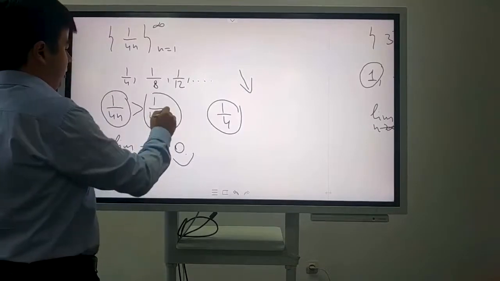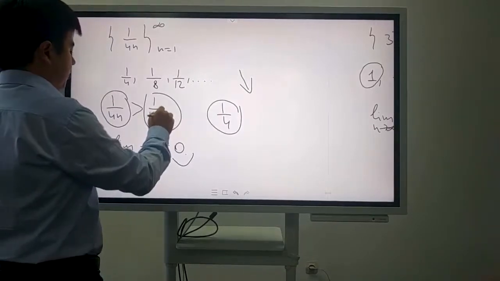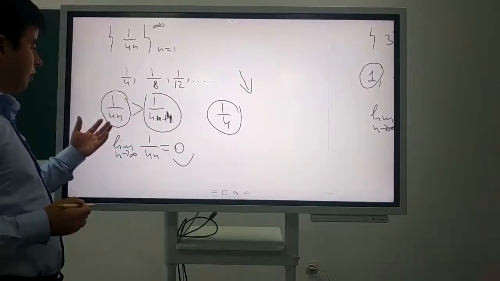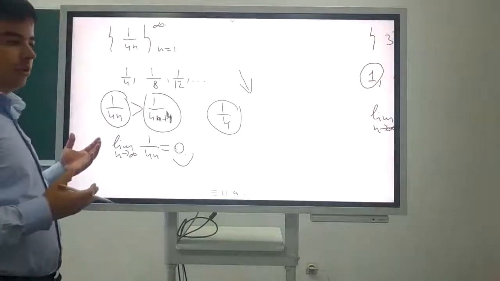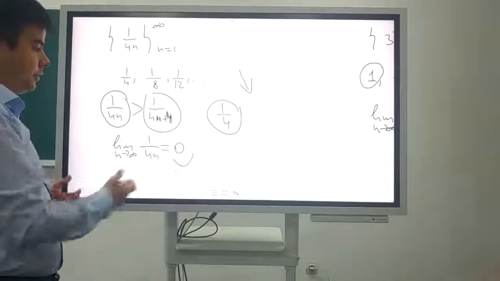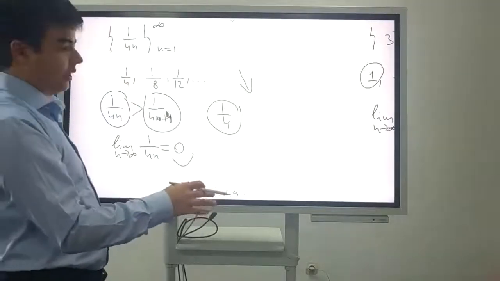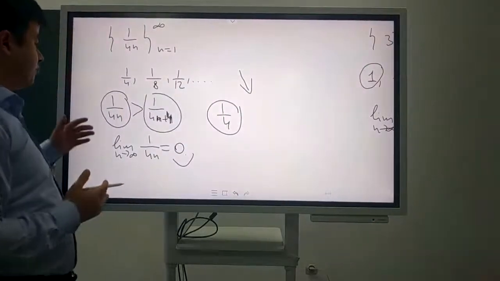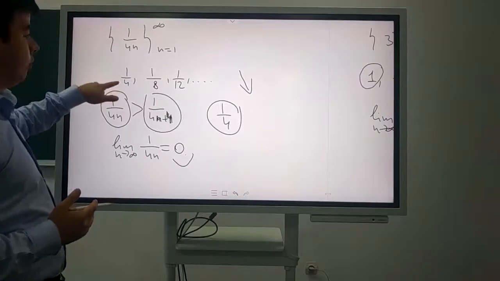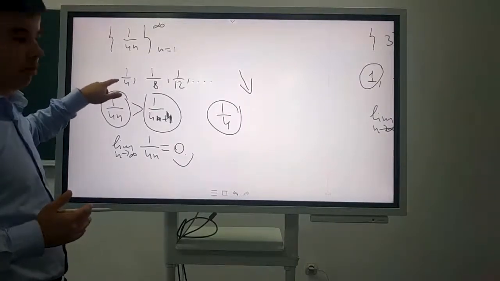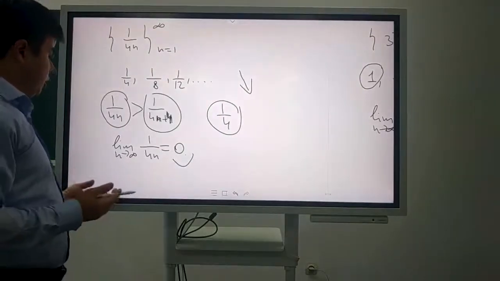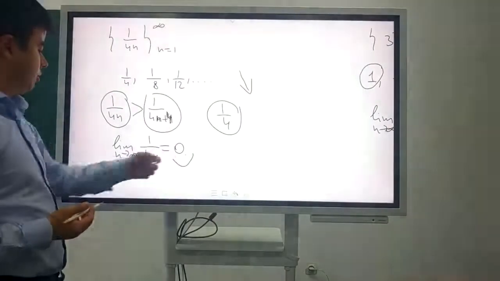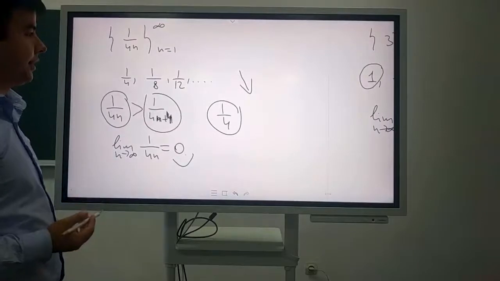This is 4n, this is 4n plus 4. And which one is greater? The nth one is greater. So the previous one is greater than the next one. That's why this is a decreasing sequence, and it is bounded above by 1 over 4, because 1 over 4 is the greatest term of this sequence. And if you want to find the lower bound, it is 0. We need to find the limit of this sequence.